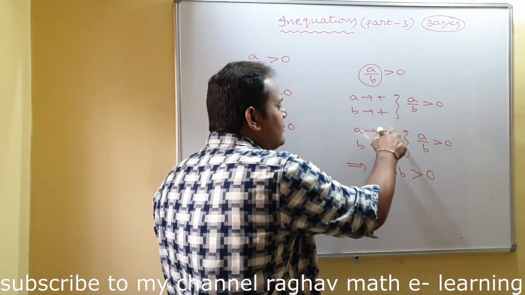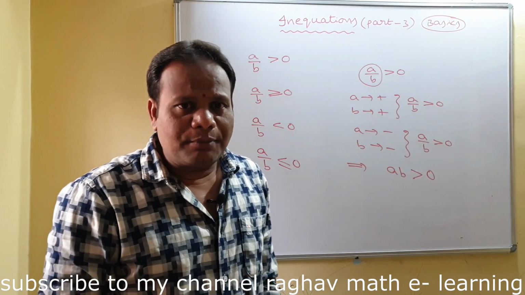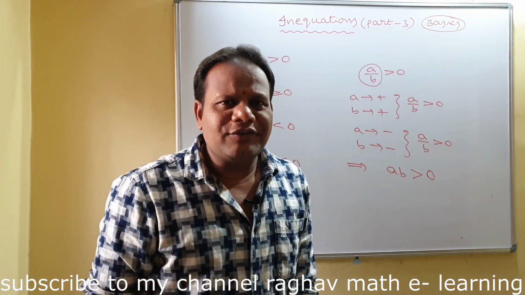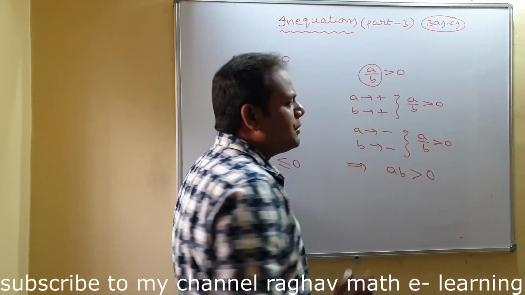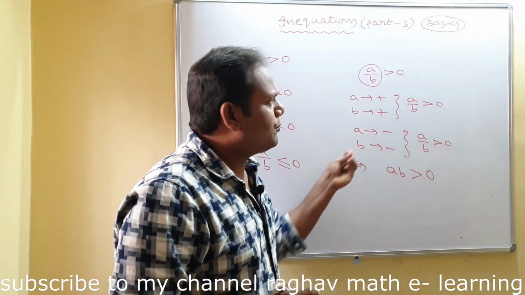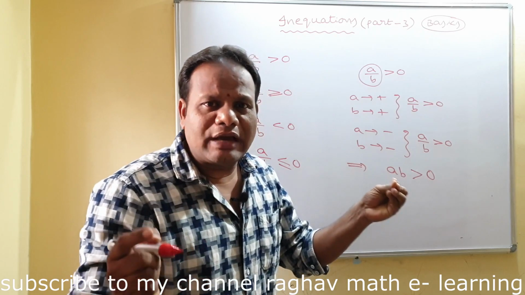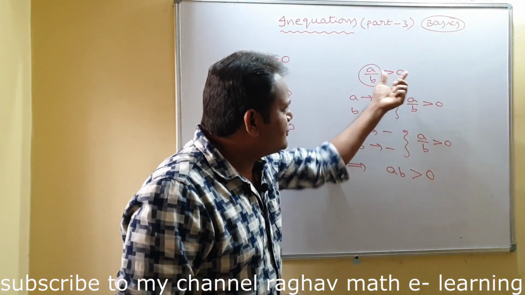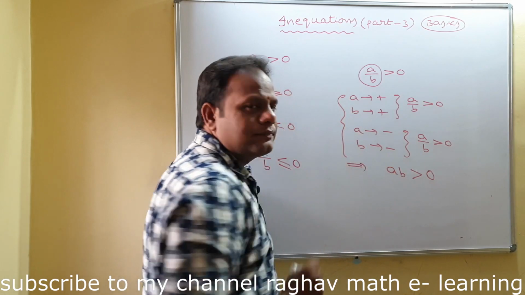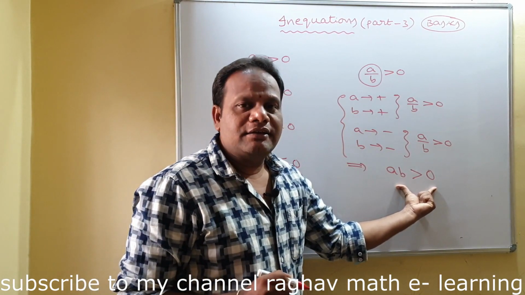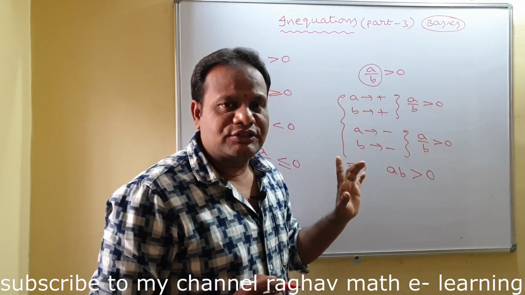Suppose a and b have negative sign, then what about ab? Yes, negative into negative is positive. So ab is positive. So in any problem, if you arrive at a by b positive, instead of writing these two cases, simply you can take a into b positive.